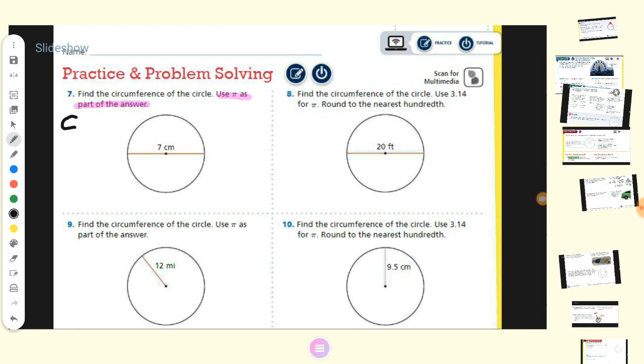I need C, and he gave me D. D equals 7 because it goes from circle to circle passing through the center of the circle. So C equals pi multiplied by D. And he said use pi as a part of the answer, so leave it as pi. D multiplied by pi is 7 pi. So the answer is 7 pi.